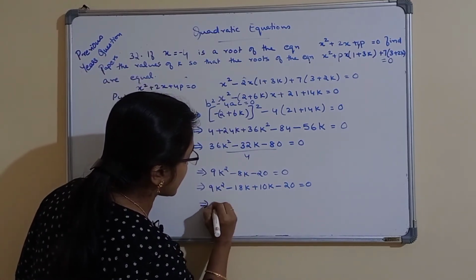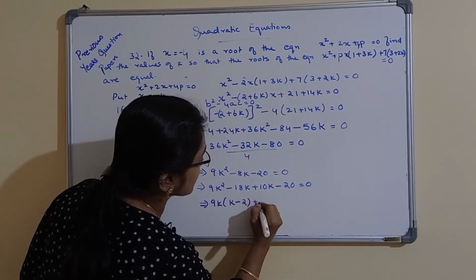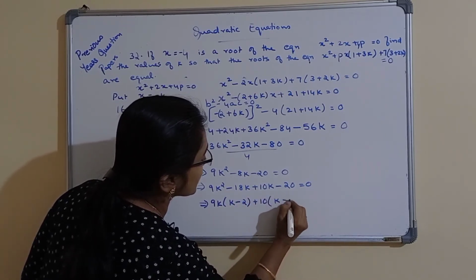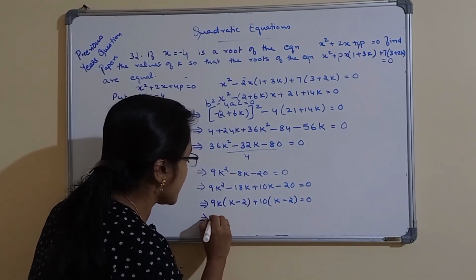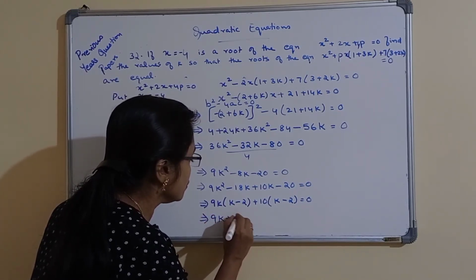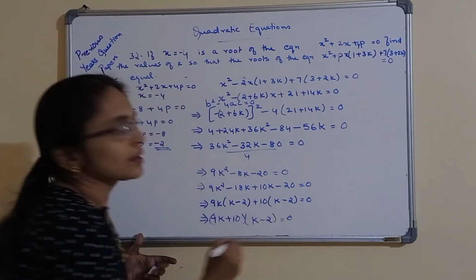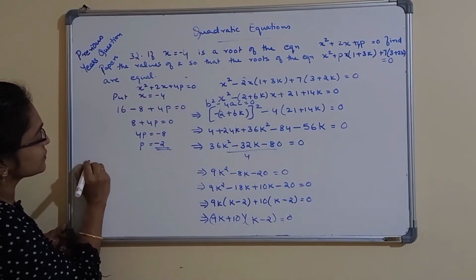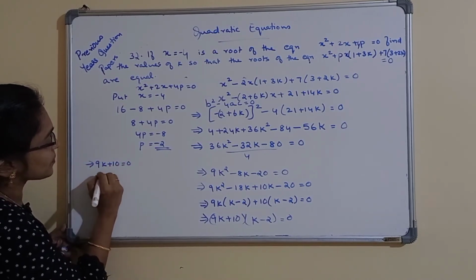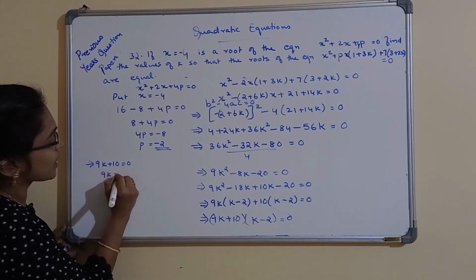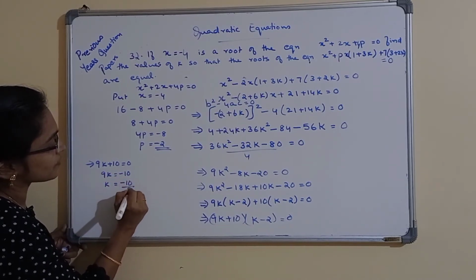So if we take 9k from this, we have k minus 2, and if we take 10 from this, we have k minus 2 is equal to 0, which implies 9k plus 10 into k minus 2 is equal to 0. Now, 9k plus 10 equal to 0. That is 9k equal to minus 10, k equal to minus 10 by 9.